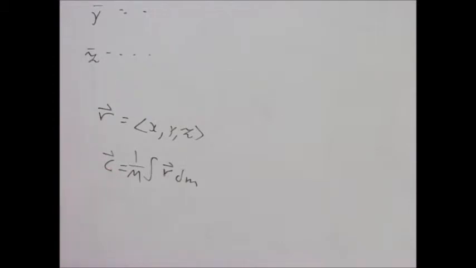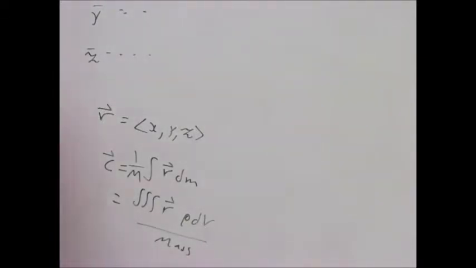This is the average of all positions, all points, which is also going to be a triple integral as well, dV divided by m, which is the mass. So those are several things you can do with triple integrals.